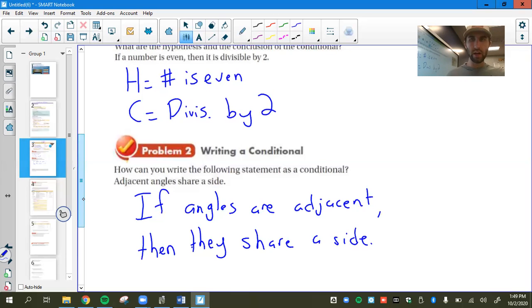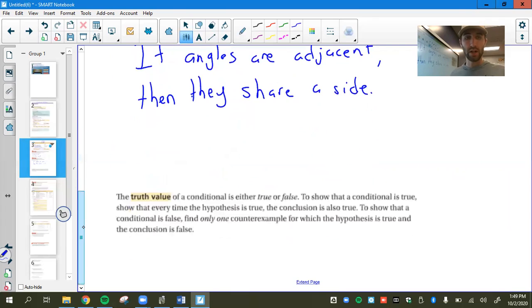Perfect. Okay. So within these, we also have something called a truth value. So these apply to conditional statements and converses, as well as a couple other things we're going to talk about. But what it means is something is true if you cannot provide a counterexample. So we talked about this a little bit yesterday with the apple, right?